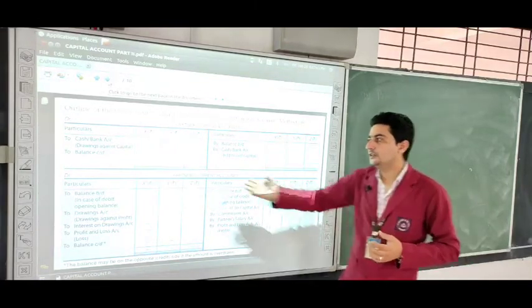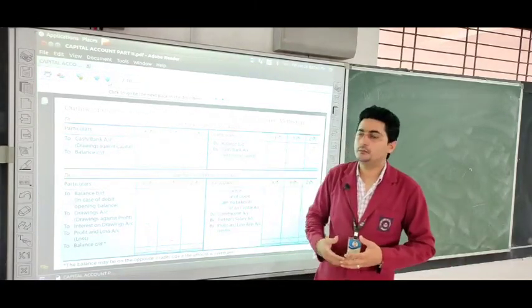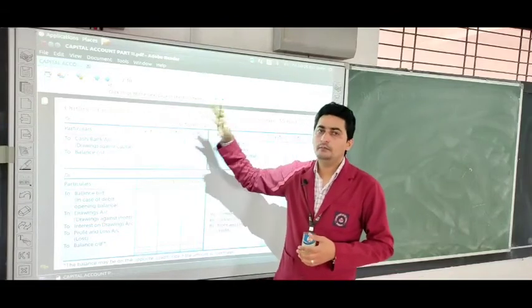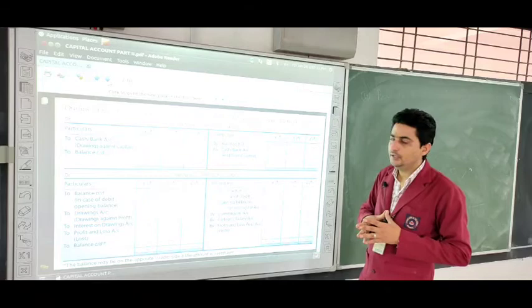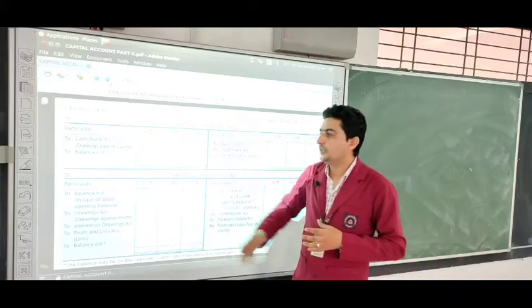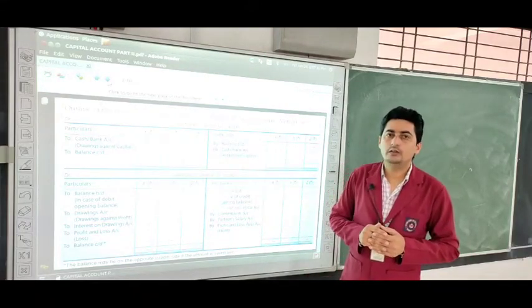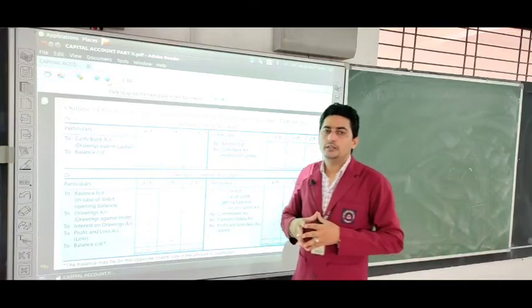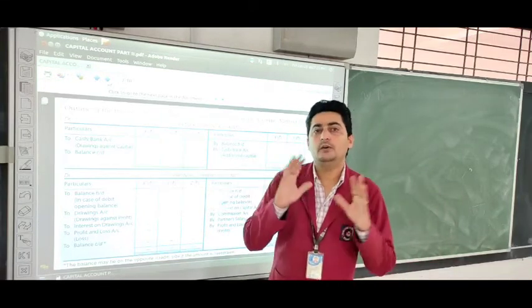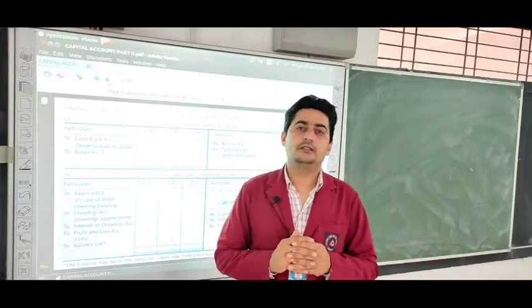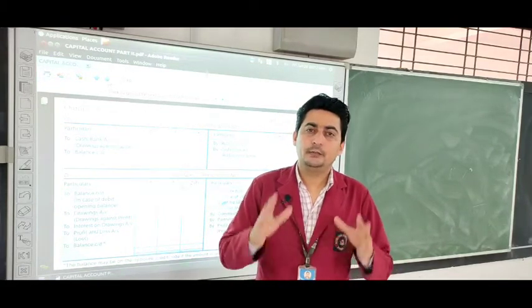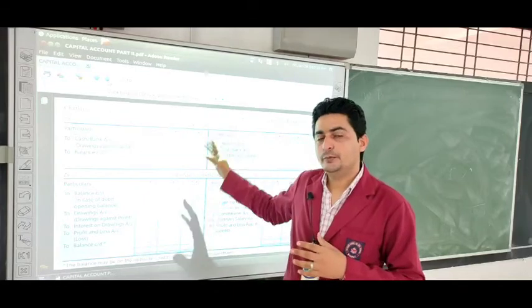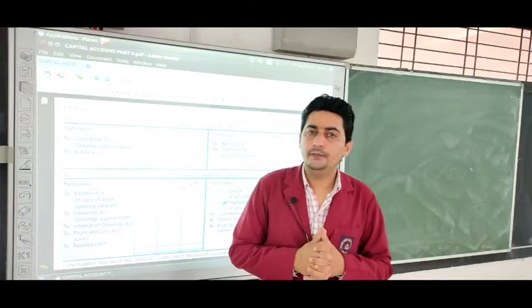If there are two partners, like Ram and Sham, there will be two columns: particulars, Ram, Sham, particulars, Ram, Sham. Now why do we have these columns? Because capital account is calculated separately for all the partners. We cannot combine it and calculate, we have to calculate it separately. That's why we prepare different columns for different partners.